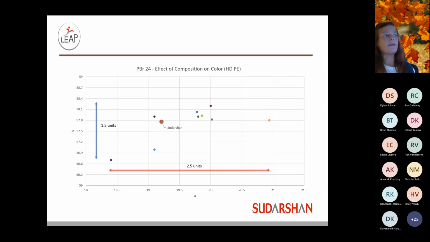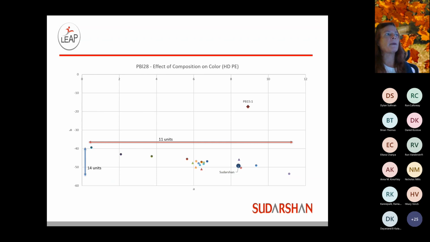The second example that I've included in this webinar is pigment blue 28. And in this slide, I also have put in a reference point for pigment blue 15-1 and the organic that shares a very similar color space to the pigment blue 28 in here.